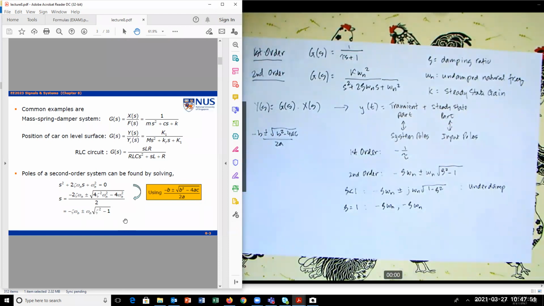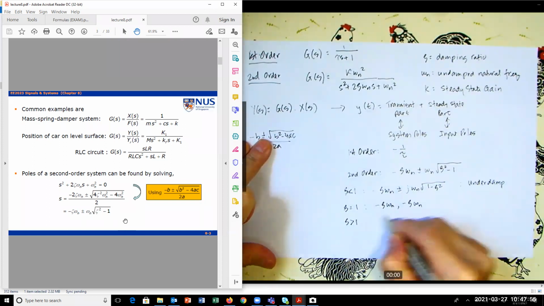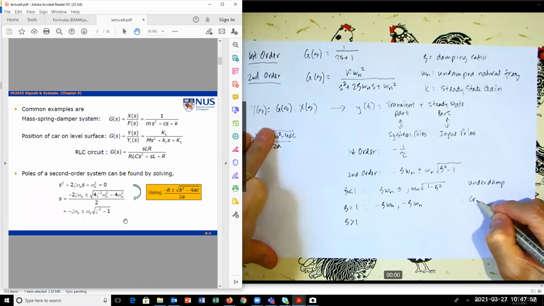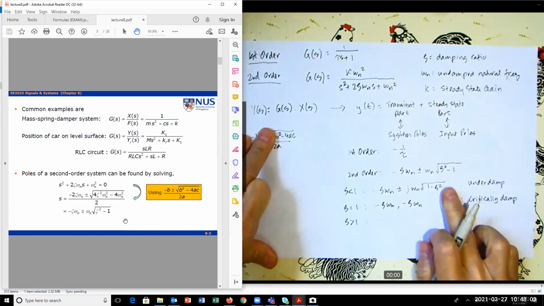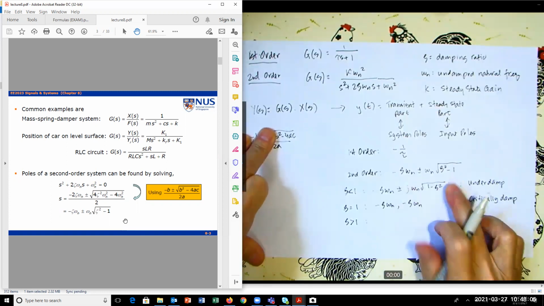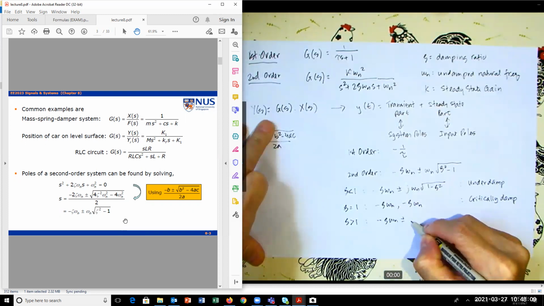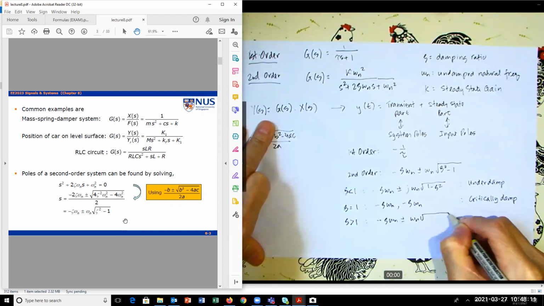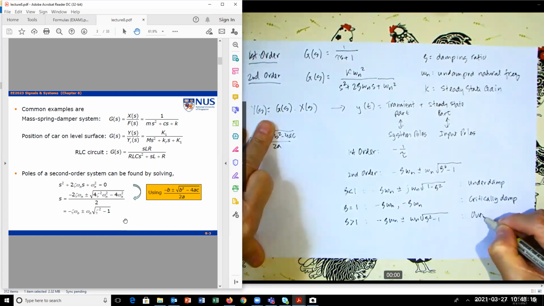So this is what we call critically damped. When zeta is greater than 1, we just have minus zeta omega n plus or minus omega n square root of zeta squared minus 1. So we call this overdamped.